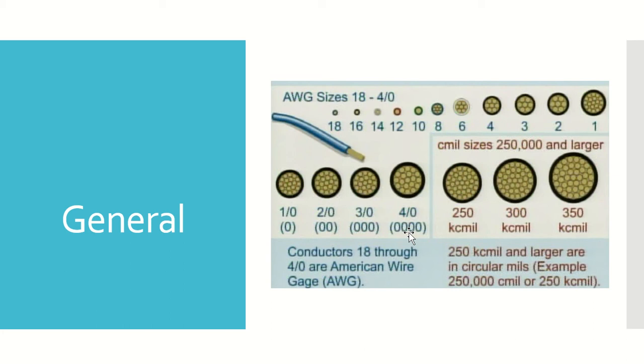After a 4-aught, we switch to thousands of circular mils, which is actually the physical size of that wire. So 250,000 circular mils, 300,000 circular mils, 350,000 circular mils. Our code book recognizes all the way up to 2 million. That would be the largest size conductor on that table 310.15(B)(16).